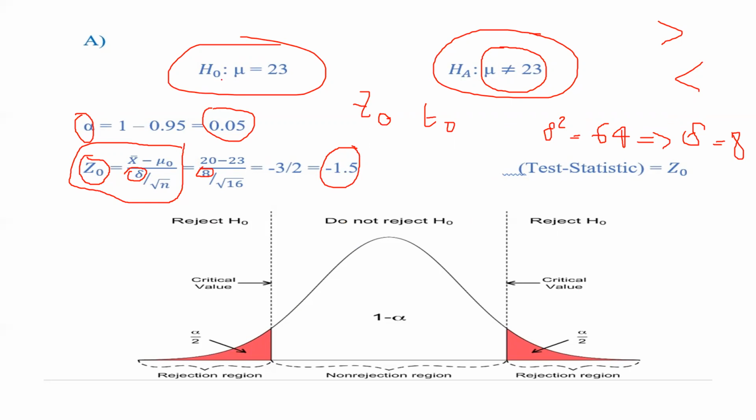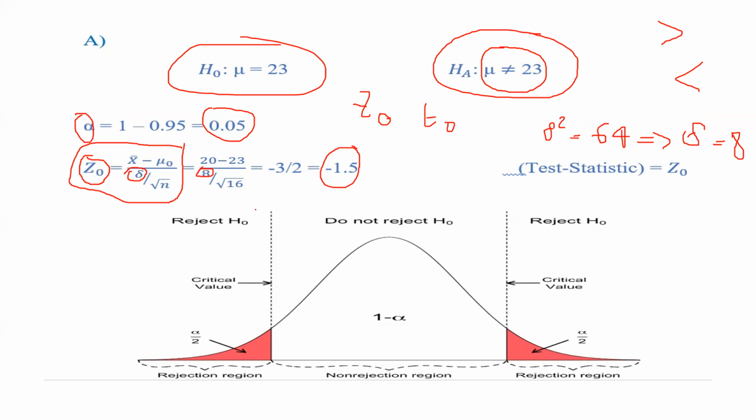In the case when H0 was less than or more than, it's very easy to just compare it and see whether it falls inside the rejection area or not. But now we are talking about the two-sided case. It means that half of the rejection area is on the left side, half of it is on the right side.